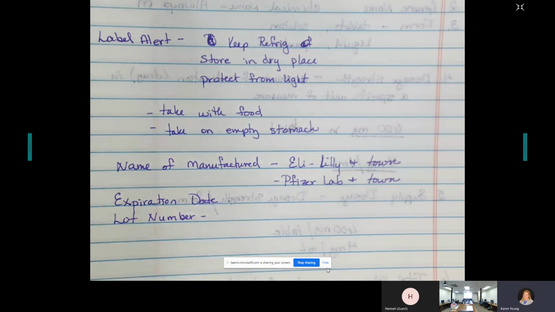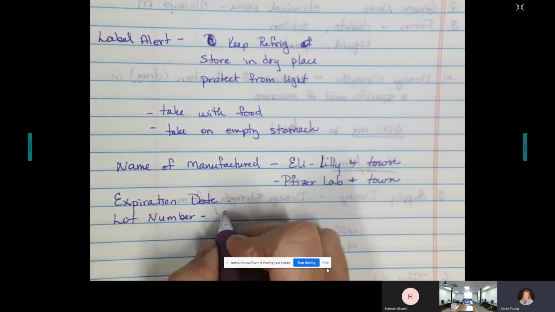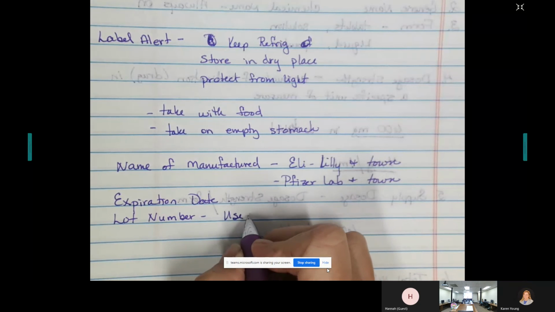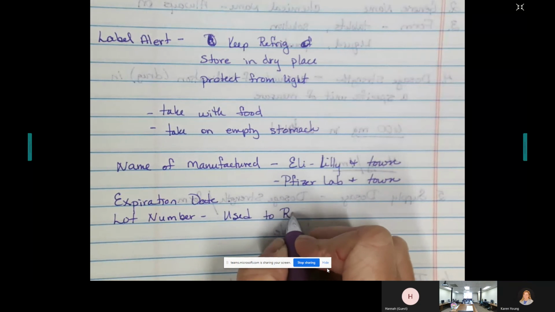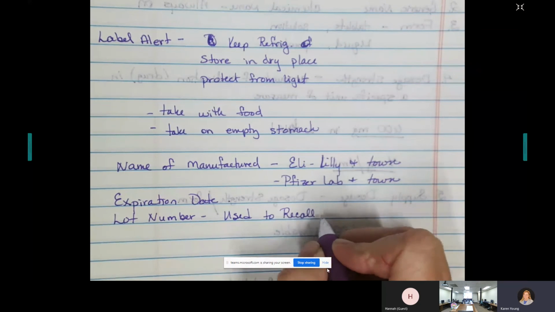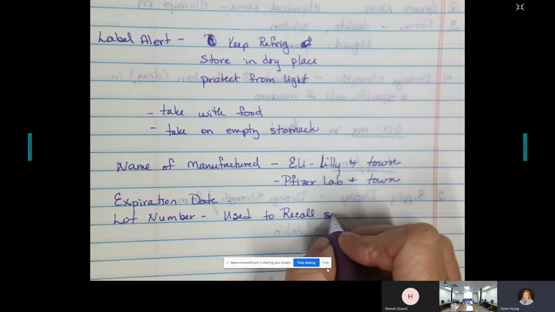And so they recalled the whole lot number, because if it's in one tablet, then it could be in several. A piece of glass was broken somewhere along the way. But the lot number is used to recall specific batches of medication.